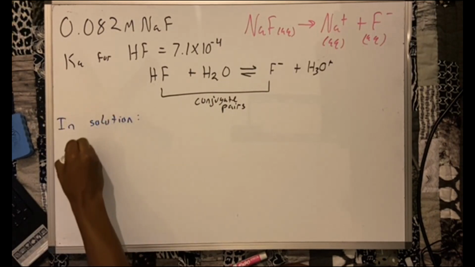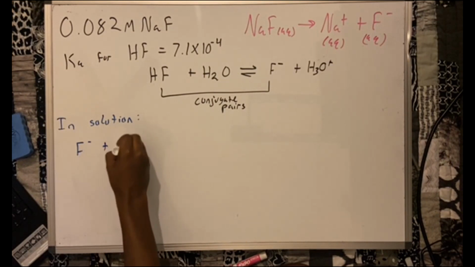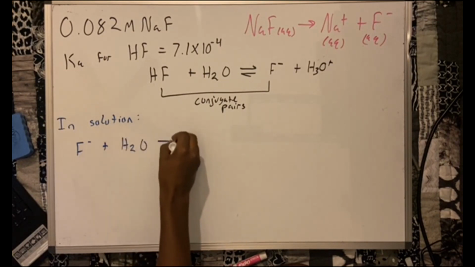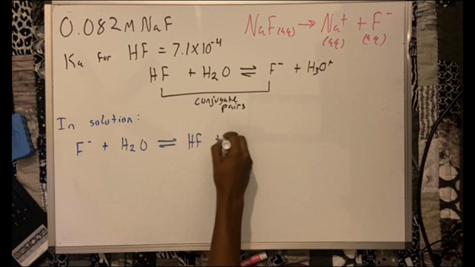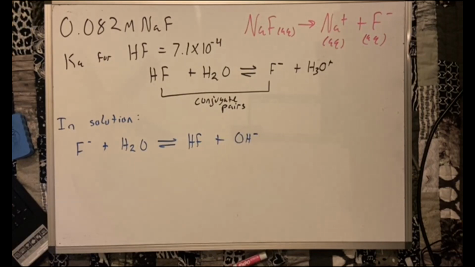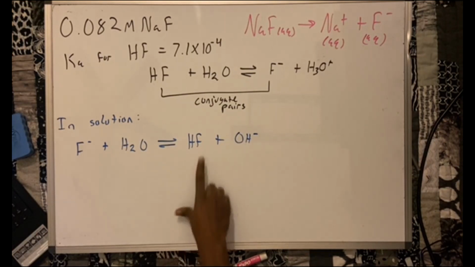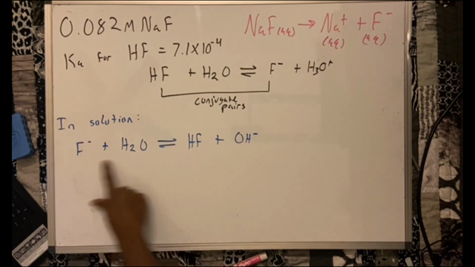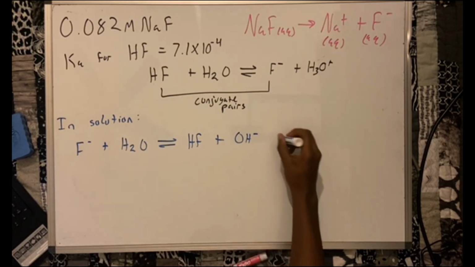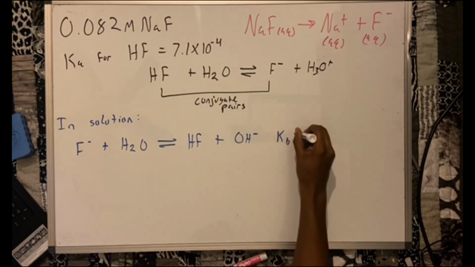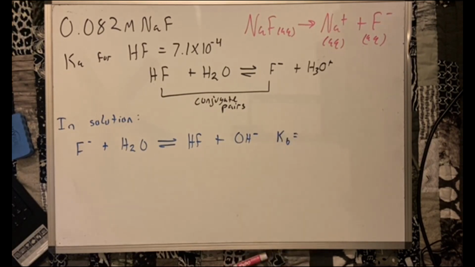What's really going on is F minus plus H2O goes to HF plus OH minus. And then to do our ICE table with this, we need a Kb. That's a Kb reaction because we have OH minus, so you need Kb. Does that help?